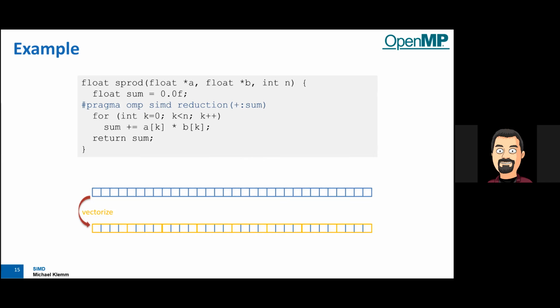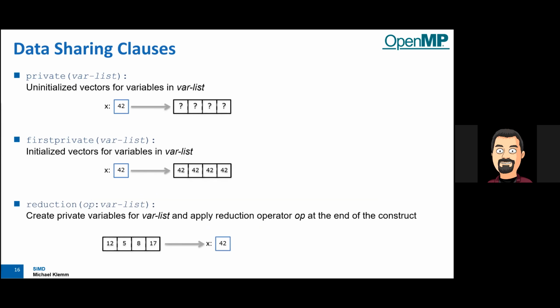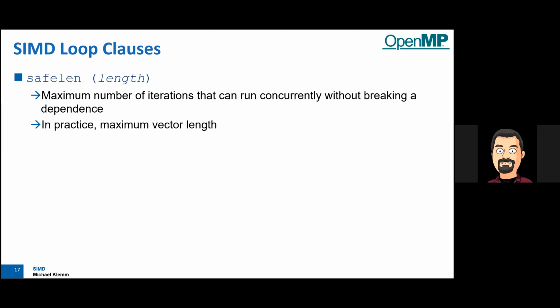And then what the compiler does, it takes your loop chunks and vectorizes that into the SIMD chunks that fit a SIMD vector register. All right, these things here are just for your own reading. Pretty much what happens is that private, firstprivate, and reduction carry similar meaning as with threading, but now they are geared towards SIMD.